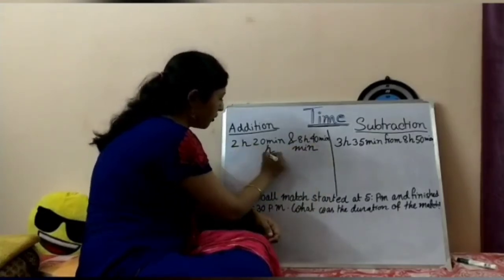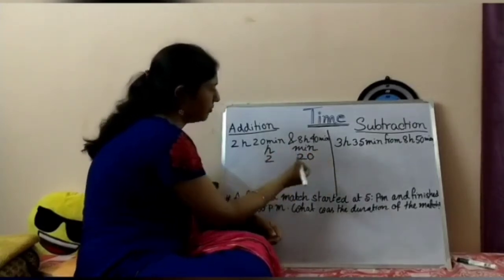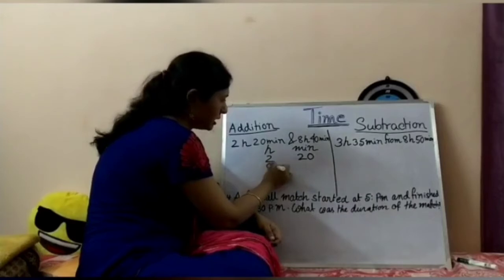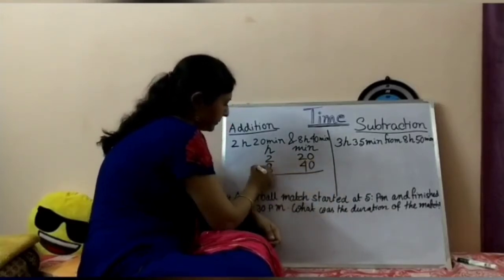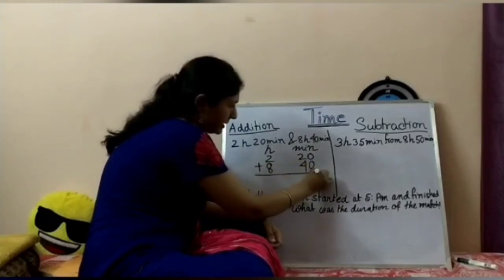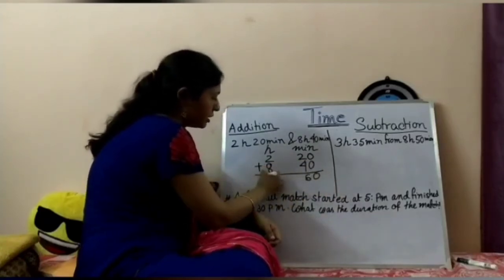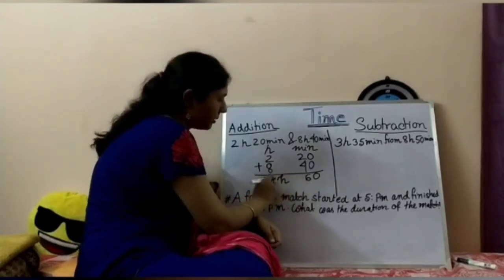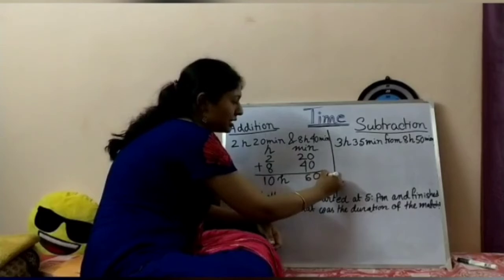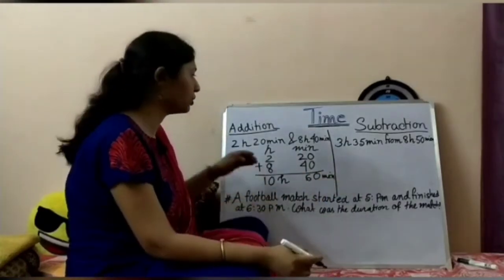So 2 hour here and 20 minutes we should write in minute part, 8 hour 40 minutes. 0, 4 plus 2 it is 6, 8 plus 2 it is 10. It will come 10 hour 60 minute. That is very easy to do the addition.